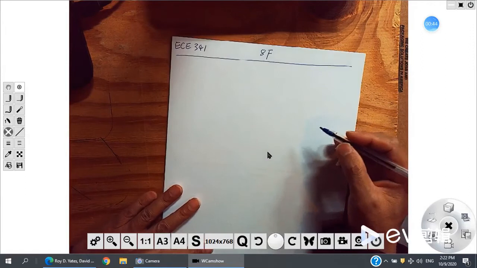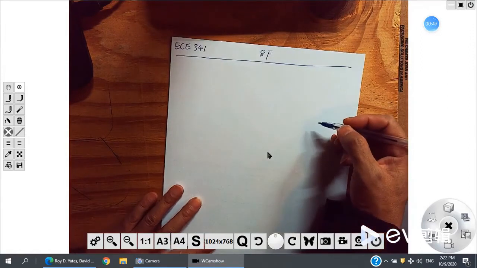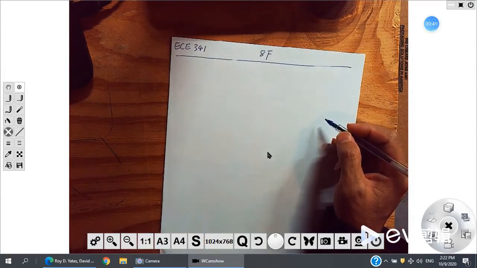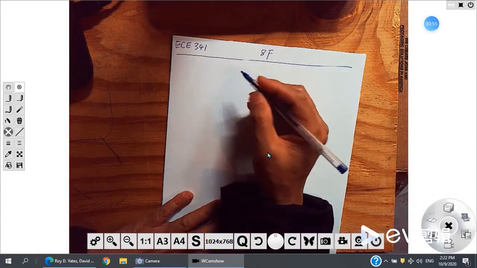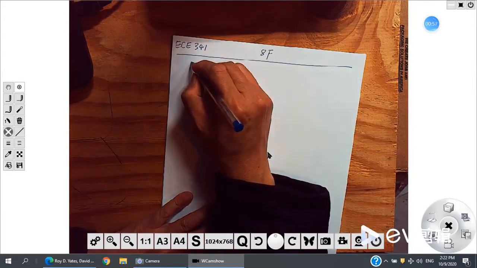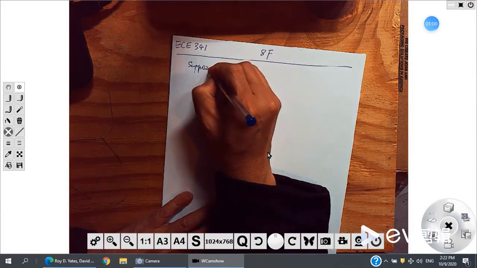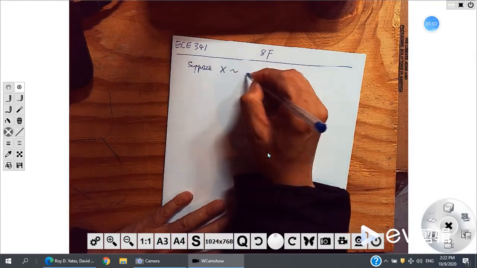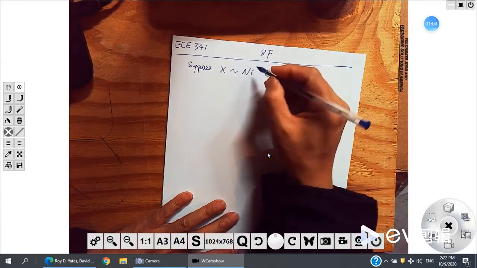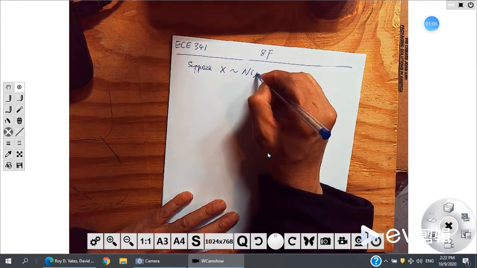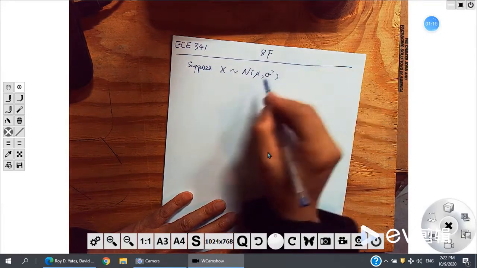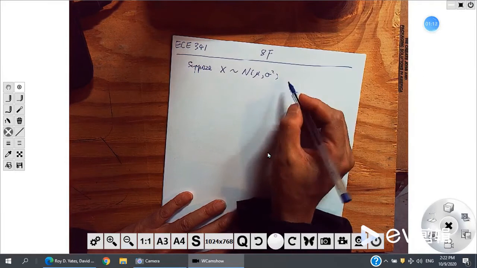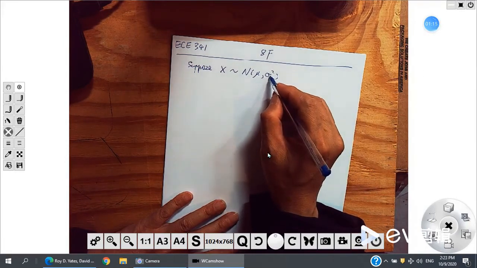The first thing we want to know is that any random variable with Gaussian distribution, we can change it to be a standard Gaussian distribution. Suppose X is a normal distribution, that means Gaussian distribution, with parameters mu and sigma square. That means the mean of X is mu and the variance is sigma square.